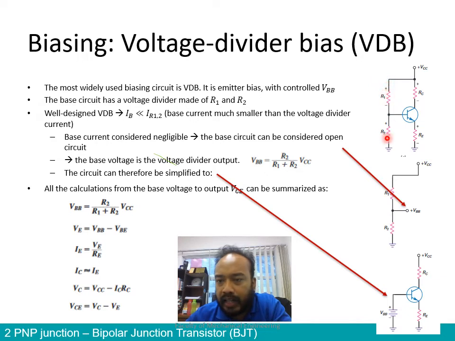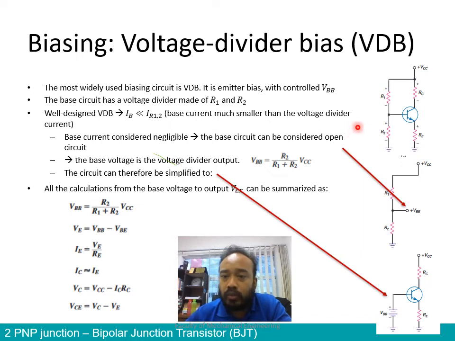It's connected to two resistors, and there is a tap point in the middle of the resistors going into the transistor. So if you recognize it, this is a voltage divider made of two resistors, R1 and R2.